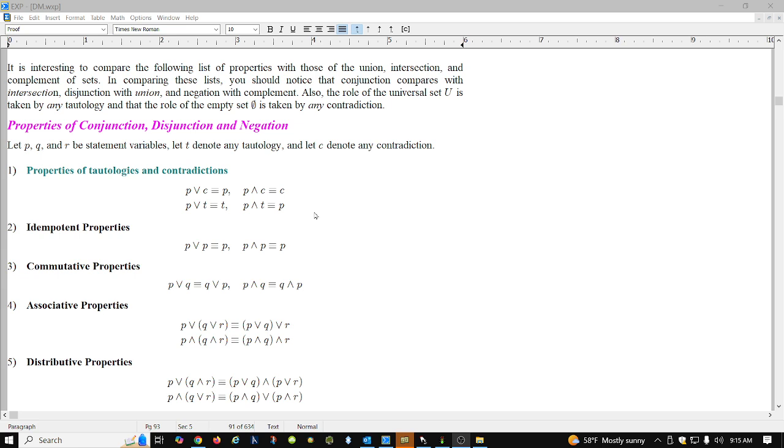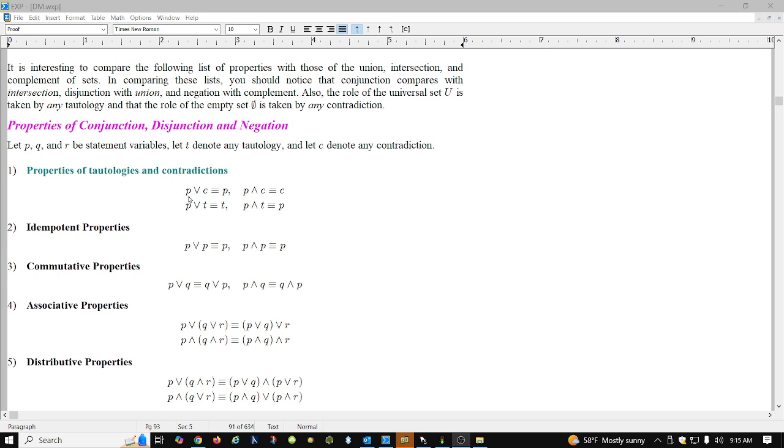Conjunction of compound statements compares to intersection of sets. Disjunction compares with union, negation with complement. So there are some analogs, some similarities between the properties of conjunction, disjunction, and negation, and union, intersection, and complement.